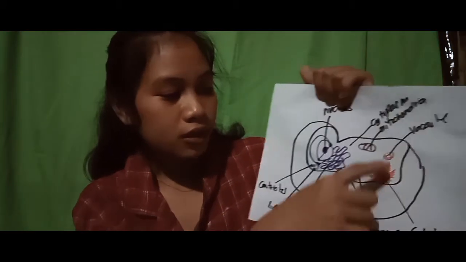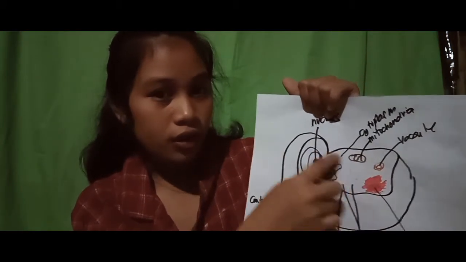It has a mind. The nucleus is the mind. So eukaryotic cells have a nucleus that controls the cells. So this is the membrane-bound structures and these are the organelles.